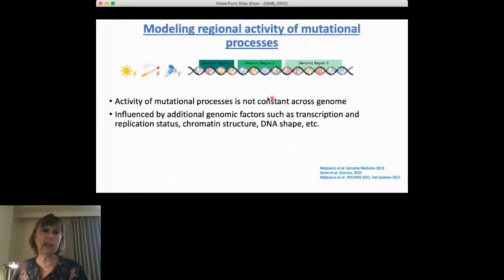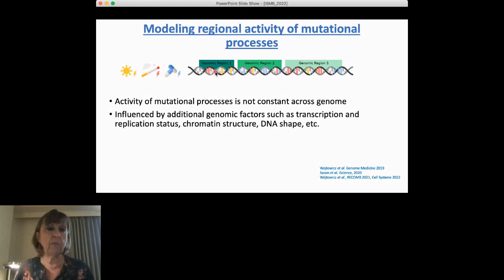Another challenge is that DNA repair processes do not act uniformly on the whole genome, and also DNA damage processes do not act uniformly on the whole genome. For example, there are some DNA repair processes where the DNA repair machinery is attracted to the actively transcribed genes.